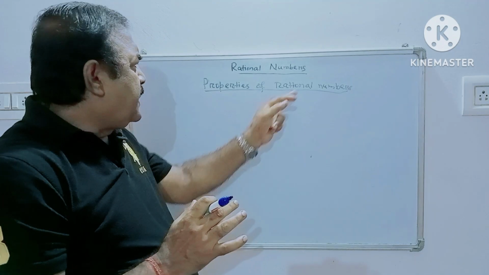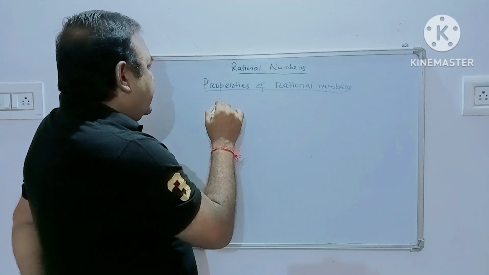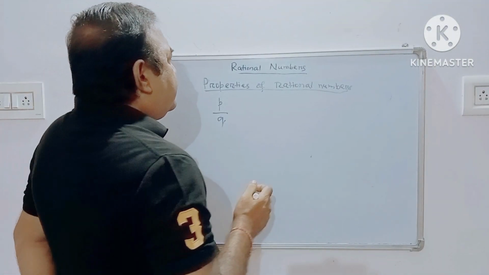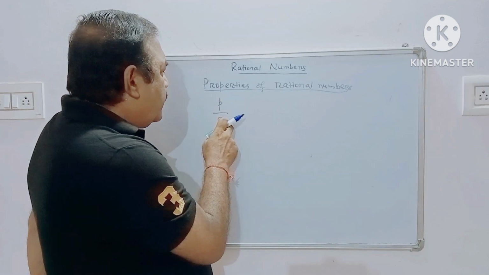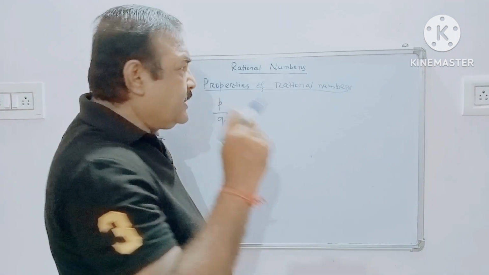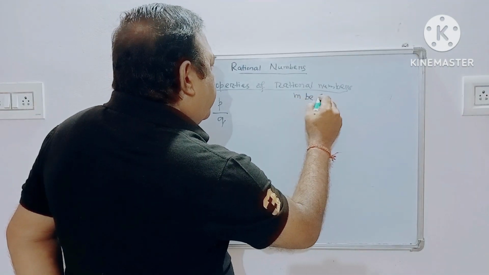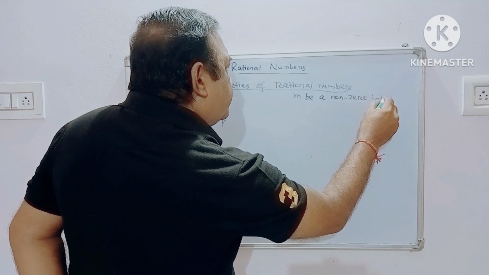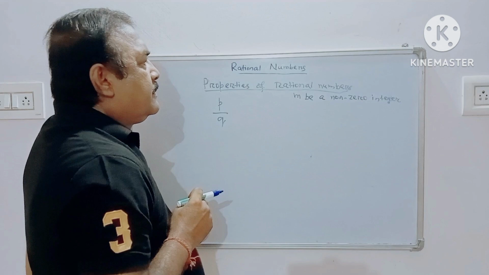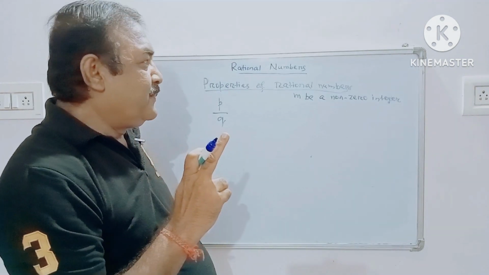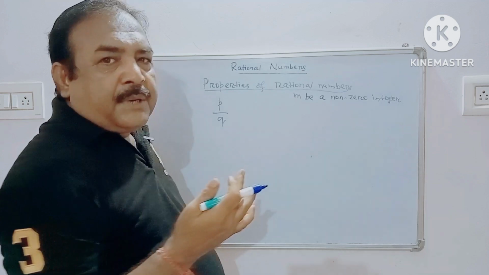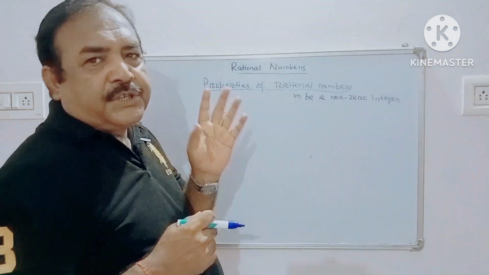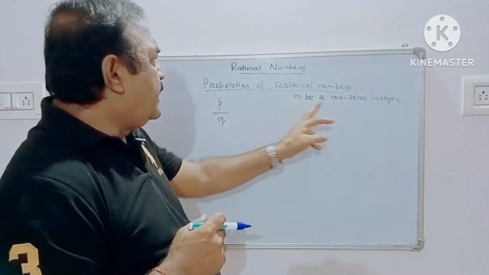Just to mark properties of rational numbers. Suppose p upon q is a rational number, and you multiply both the numerator and the denominator by a non-zero integer. Let m be a non-zero integer. That means you cannot take 0. That may be a positive integer, that may be a negative integer, but that should not be equal to 0. So m should be a non-zero integer.